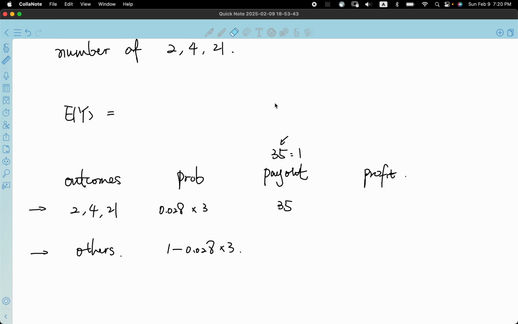And if the ball lands on all the other numbers, that means we won't get any dollar amount, so we'll get 0 as a payout.